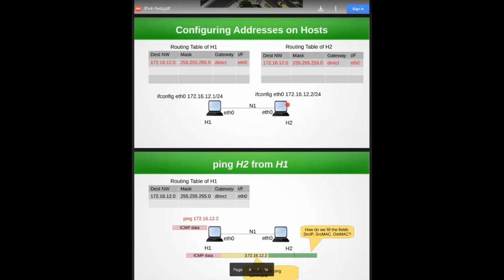And we can see that by the IP addresses we are giving here, which are 172.16.12.1/24 and 172.16.12.2 with a 24-bit mask, right? The interesting thing is whenever we configure an IP address of this sort, it adds a routing table entry immediately for that particular machine.